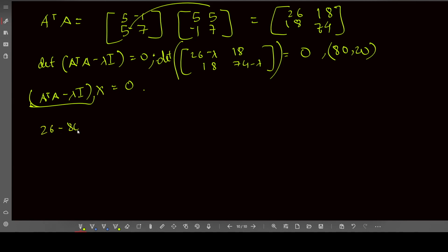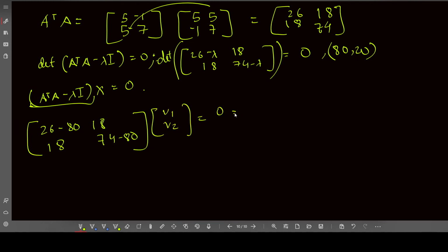So 26 minus 80, 18, 18, and 74 minus 80, into V1 and V2 is equal to 0. This gives us minus 54, 18, 18, and minus 6, into V1 and V2 is equal to 0.